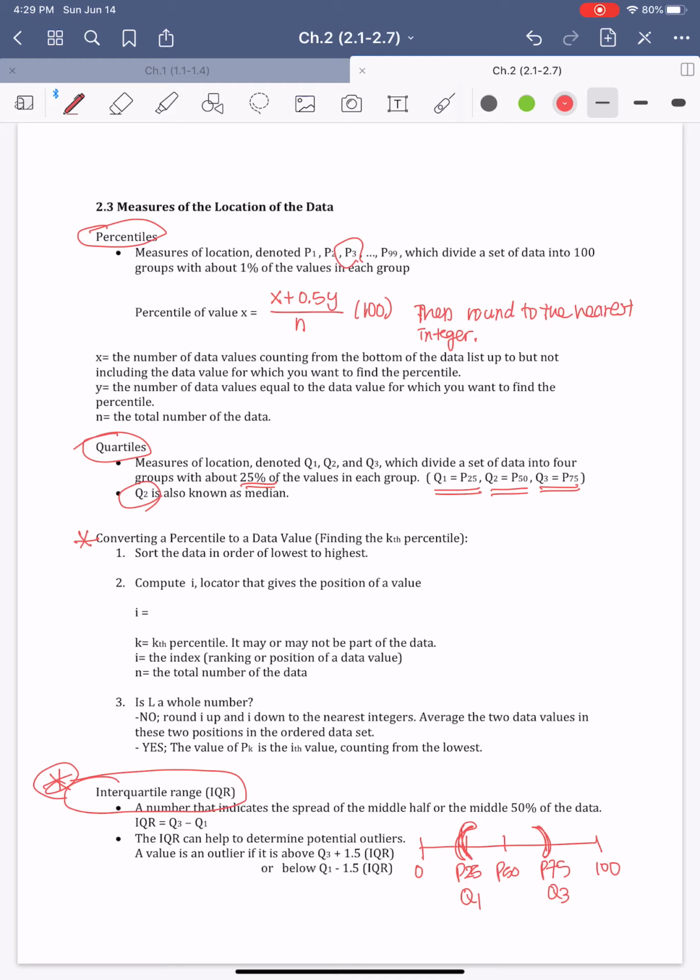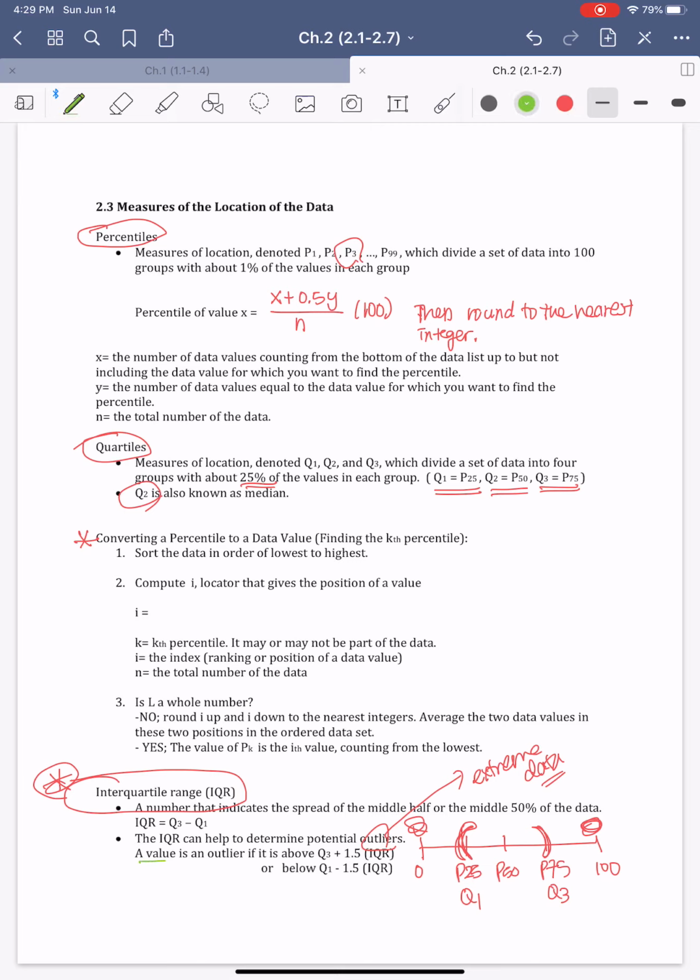What is an outlier? Outliers are some extreme data values. Now, the extreme data value can be located at the high end or the low end. So at what point do we start calling that data an outlier, an extreme value? This is how you calculate it.